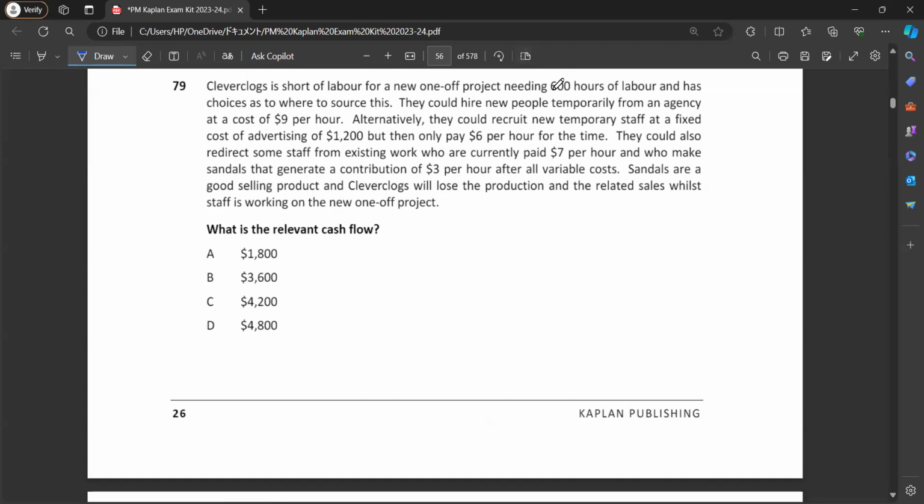Let's sort out all this information. The requirement is for 600 hours of labor and has choices as to where to source this. So there are alternatives that are available. First alternative is they could hire new people temporarily from an agency, and that requires hiring at a cost of $9 per hour.